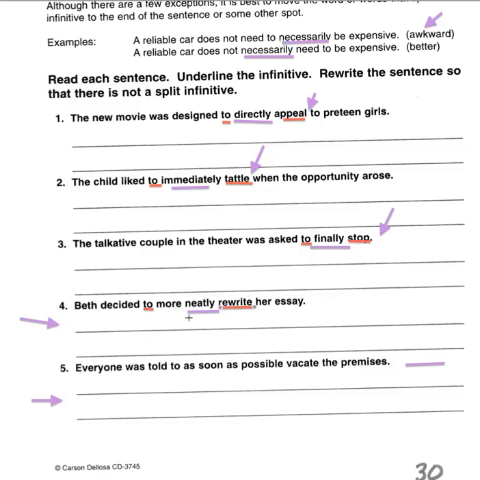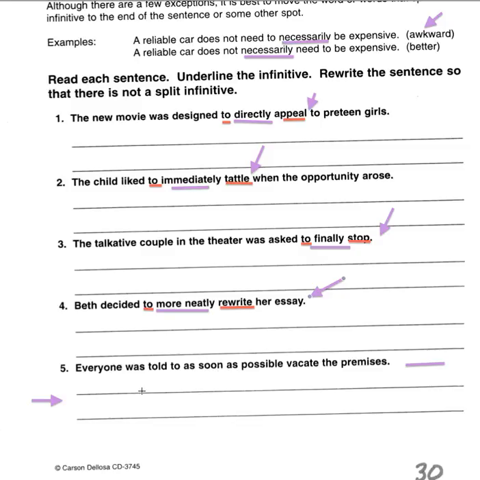Really, when we think about it, we should probably consider moving more and neatly together, shouldn't we? Let's put those guys together. Beth decided to rewrite her essay. Gosh, now that one's a great example where it would make more sense to probably put that more neatly after. Beth decided to rewrite her essay more neatly. Much better. Sounds much better.